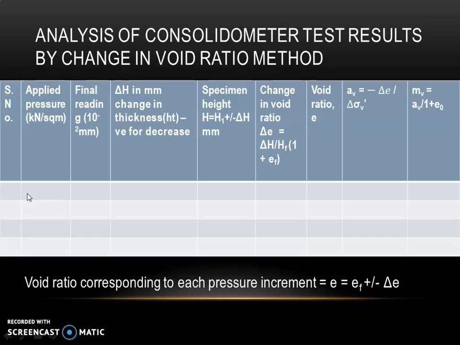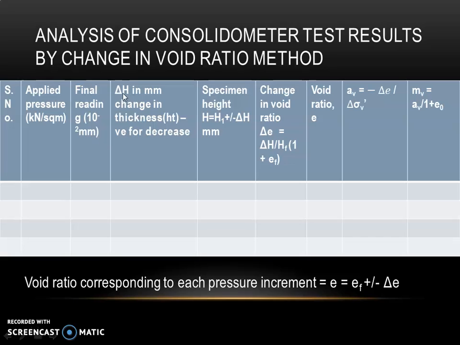So this is the tabular column for the test results of the consolidation test. First one is applied pressure, which is in terms of kilonewton per square meter. Next is final reading, which will be in terms of 10 raised to minus 2 mm.